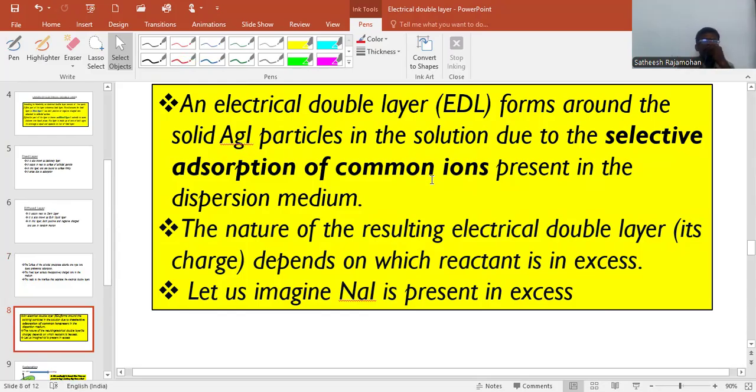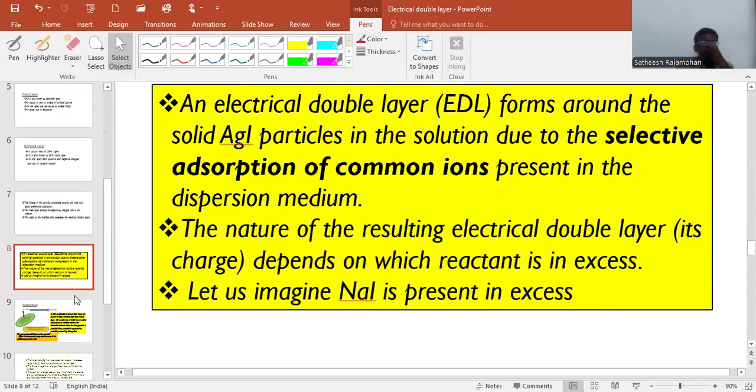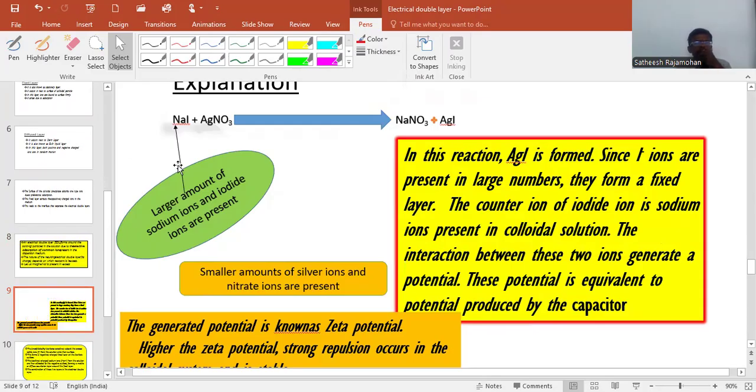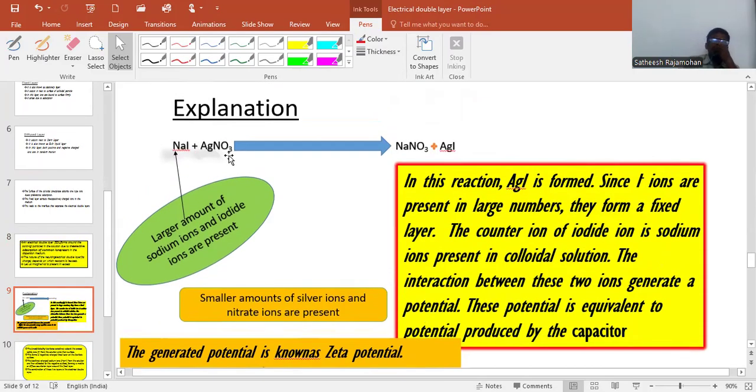Just imagine a simple reaction between sodium iodide and silver nitrate. You dissolve the sodium iodide in water and keep it in one test tube, and you have silver nitrate salt in another test tube with some water, and shake it for a while.